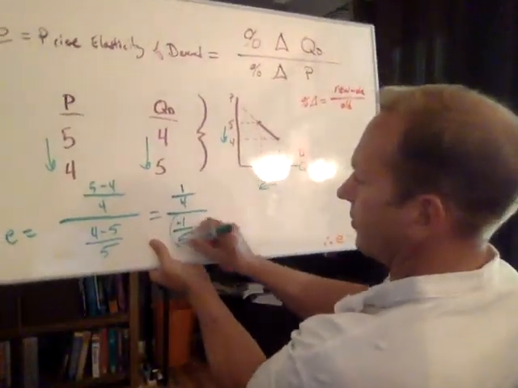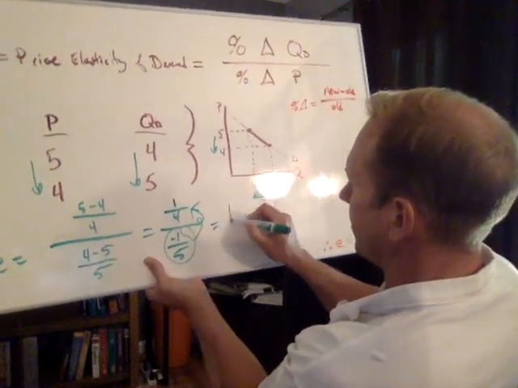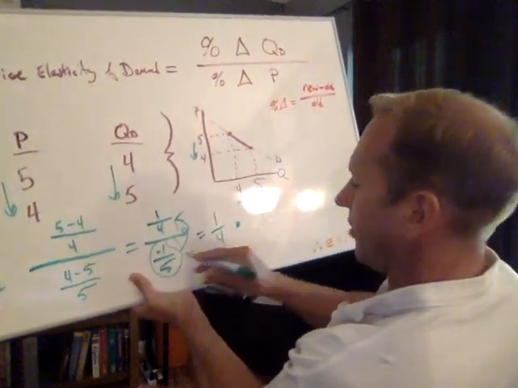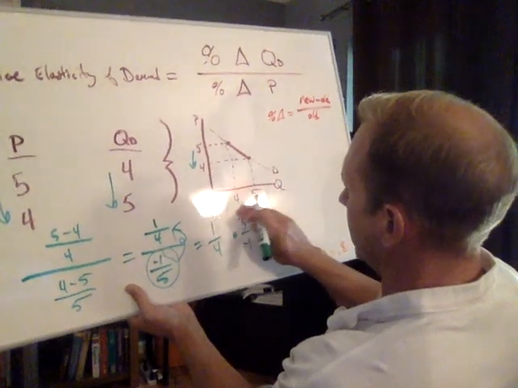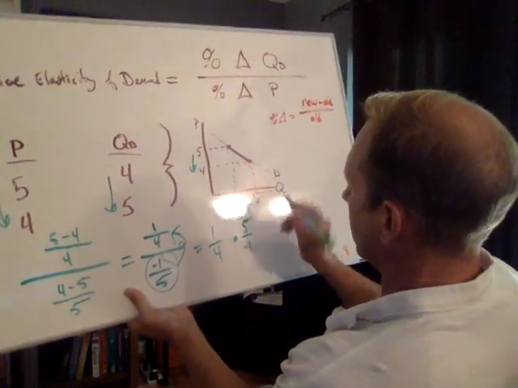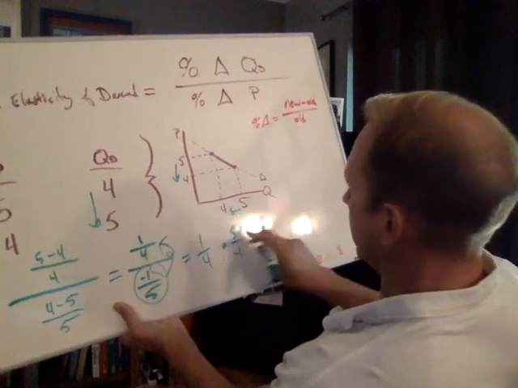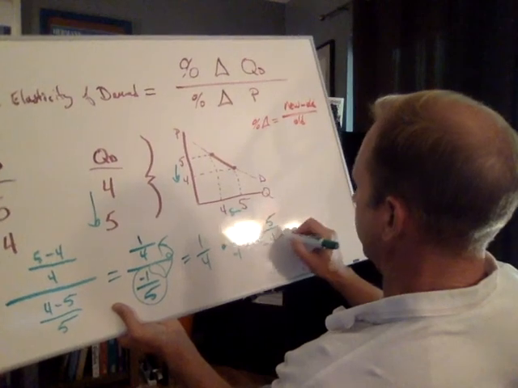I'm going to do the flip and multiply, and this becomes the 1/4, that's just falling right there, times, I'm flipping these, so this is 5 over negative 1. Let me get my arrow out of there. And this is multiplying, it's just straight across, so this is 5 over negative 4.